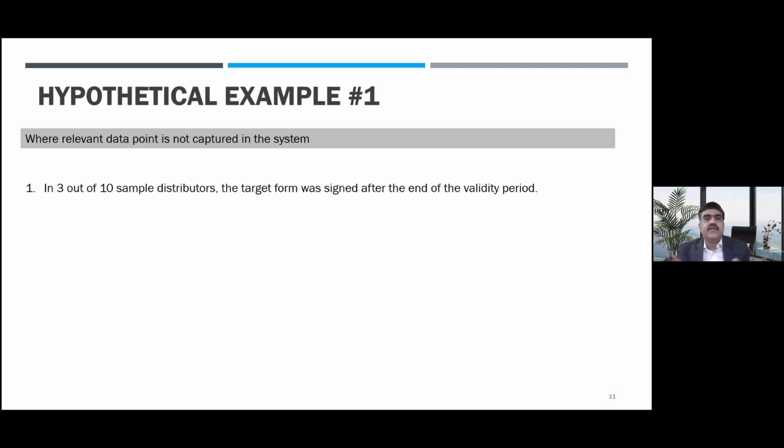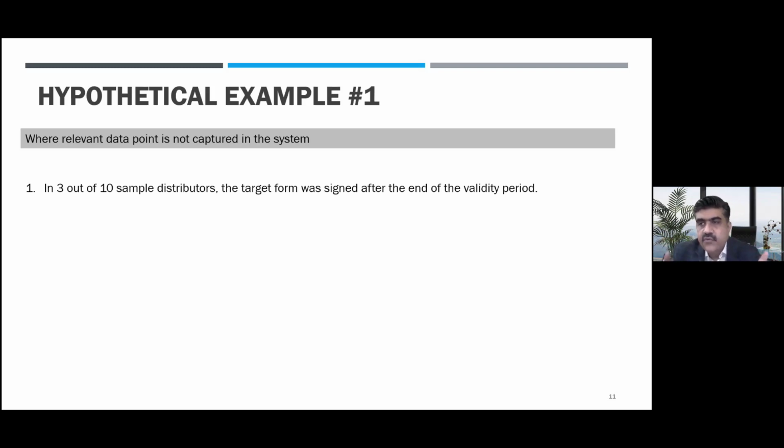The whole objective of the target form is to incentivize the distributor to take action so that they can sell more. That's why you generally sign the target before the validity period starts. However, if you come across a situation wherein the target forms are being signed after the validity period, that can be an issue which somebody can point out.